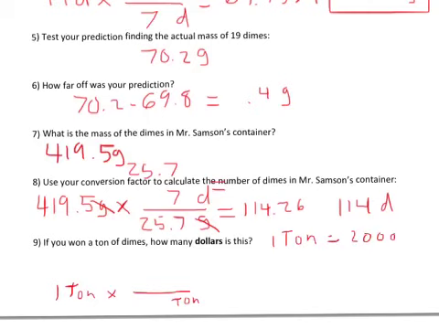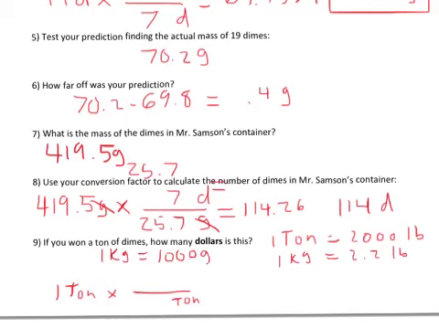That is on the conversion factor sheet I gave you that day. I would also need to know that 1 kilogram equals 2.2 pounds, and that 1 kilogram also equals 1,000 grams.